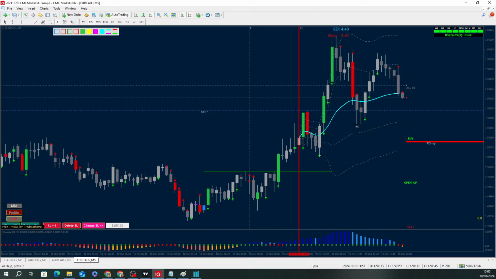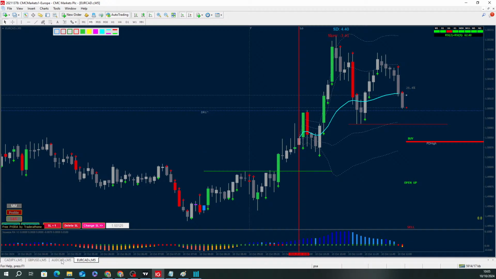A break below here will give us our master pattern bearish confirmation that we can sell. So we can go short below here. I'm not going to take it because that will give us a structure. We'll wait for the pullback. We are looking for a completed M pattern followed by a pullback, then a sell. Okay, that is the Euro Canadian.